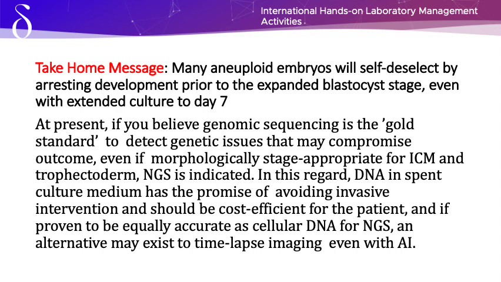And I think one aspect of this that still needs to be resolved is personal opinion on the part of the clinician. At present, if you believe genomic sequencing is the gold standard to detect genetic issues that may compromise outcome, even if morphologically stage appropriate for ICM and trophectoderm, then NGS is indicated.